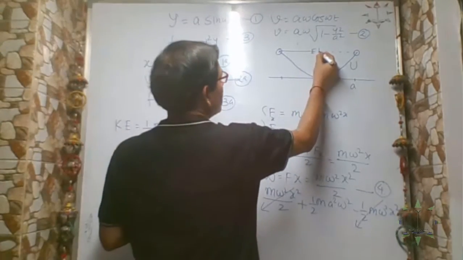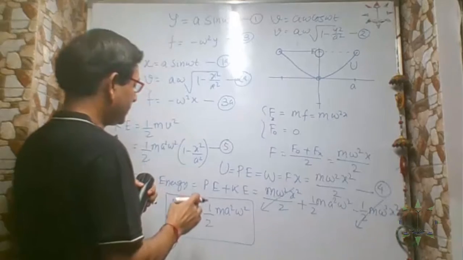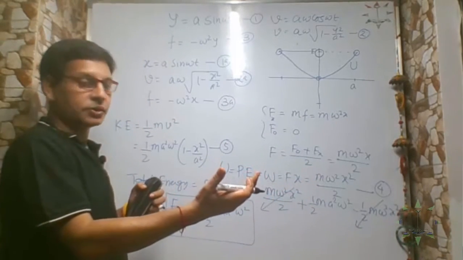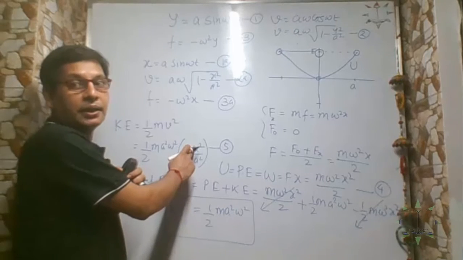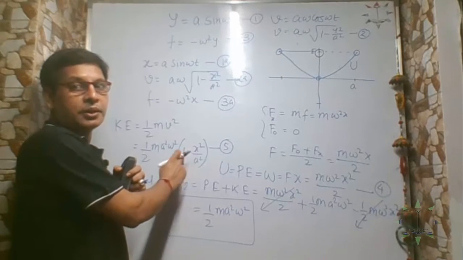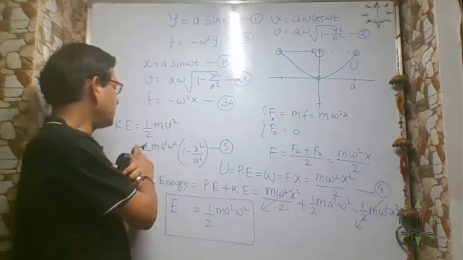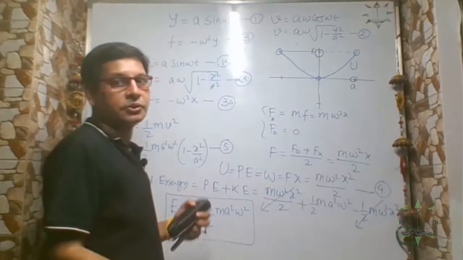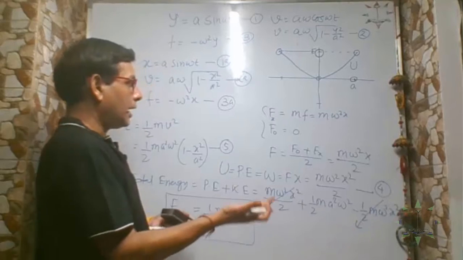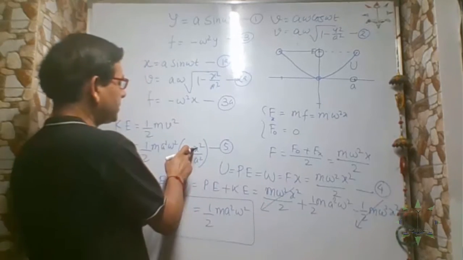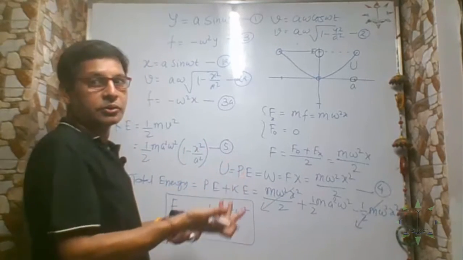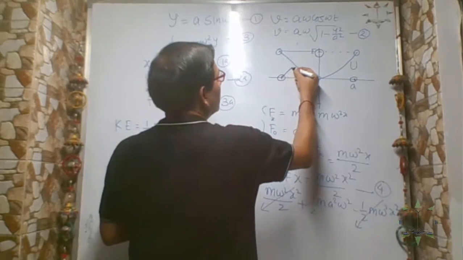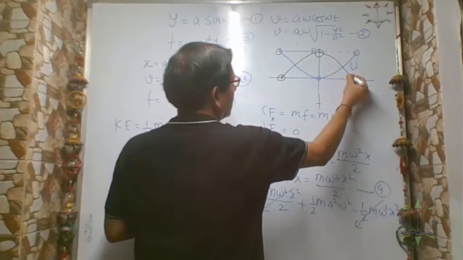At x equal to a, the extreme end, there is no velocity. If you put a square by a square, it is 1, and 1 minus 1 is 0. So kinetic energy is 0 here. We know that at the extreme end velocity is 0, so kinetic energy is 0. At the extreme left, minus a square is the same, so this will be 0. Now, this is the kinetic energy curve.